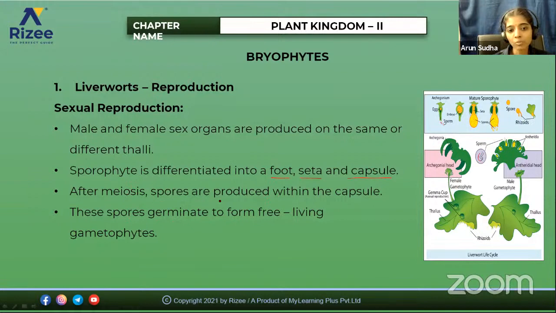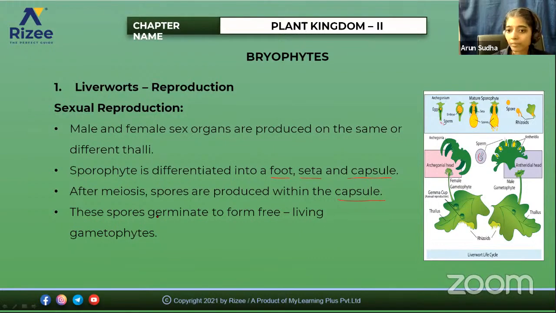And after meiosis, spores are produced within the capsule. So within the capsule are the spore mother cells which produce the spores, and these spores germinate to form a free living gametophyte. So I hope it is clear.